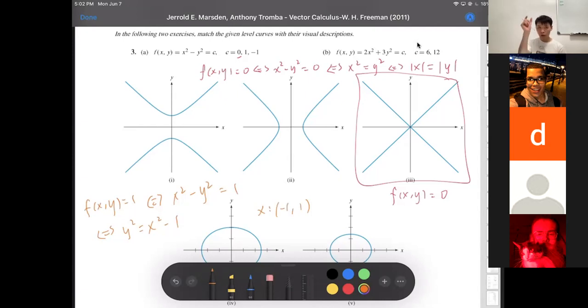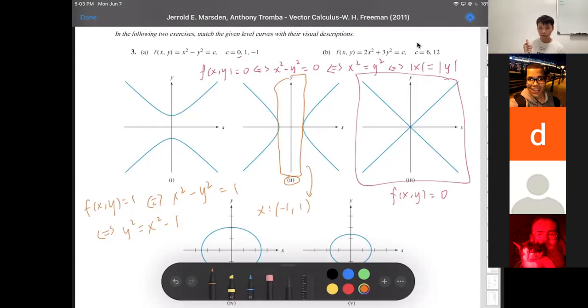So the graph has a gap between -1 and 1 for the x-axis, and that is here, as we talked about. So this is the level curve for f equals 1.